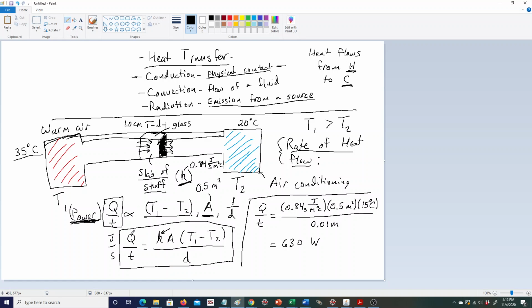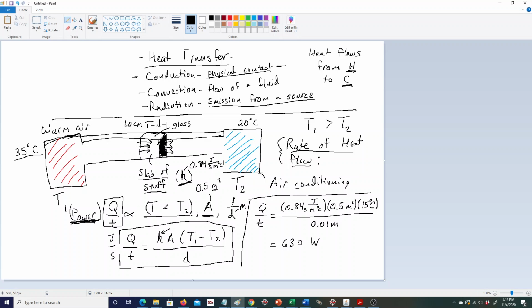The rate at which heat flows is equal to the conductivity times the area times the temperature difference divided by the thickness of the slab of material. Your area is going to be measured in meters squared. The thickness is going to be measured in meters.